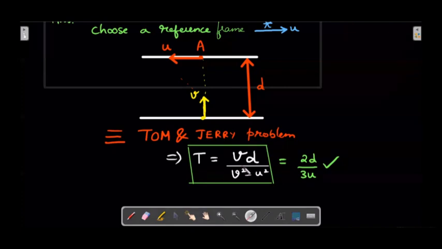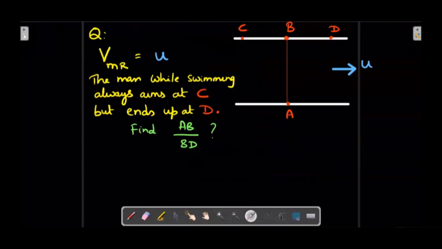Okay. Sir, in this problem, one important thing here is that in this new problem, he's not aiming at B, he's aiming at some other point. Okay, so in this problem also, let me make an effort to impress you here.